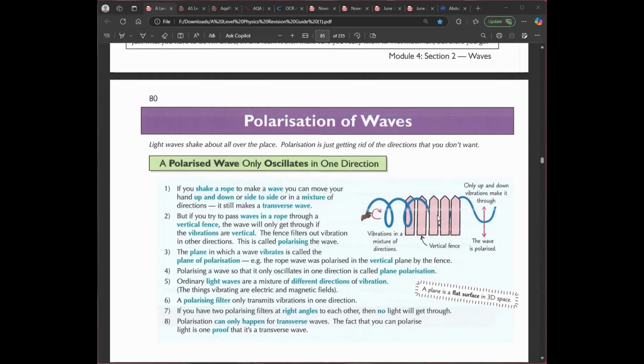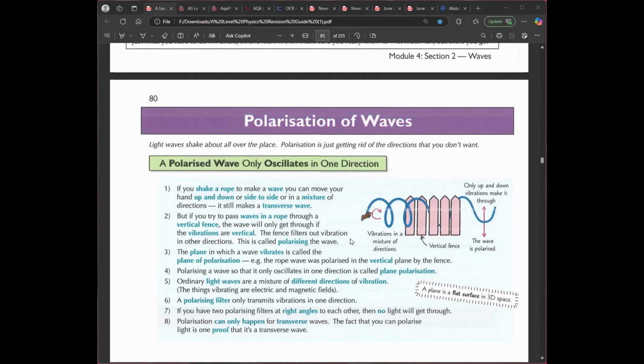When it goes through, the fence blocks the components that are traveling in any direction other than the vertical direction, and the resultant is just a single plane of wave which is vertical, as you can see. So polarization is making sure that however you want the wave to travel, in whichever plane, you can do that, and that is called polarization.